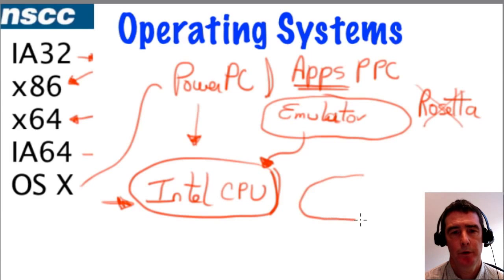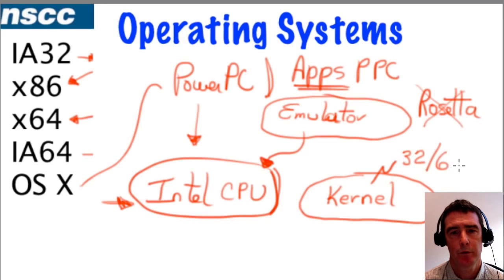Now, what about the 32/64-bit problem? Well, the core of the OS X operating system is called a kernel, and the kernel could run in 2 modes. It could run in a 32-bit mode or a 64-bit mode. Apple really hid this whole 32 or 64-bit from the user.